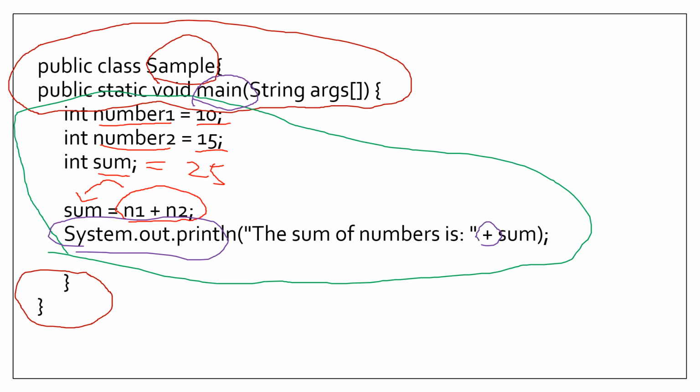That means we will merge these words and whatever is the value of sum. So the value of sum is 25. So the output would become, the sum of numbers is 25. And that's basically the meaning of this example.